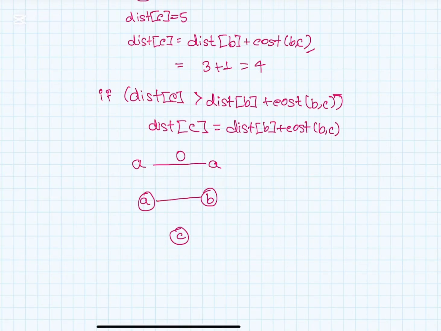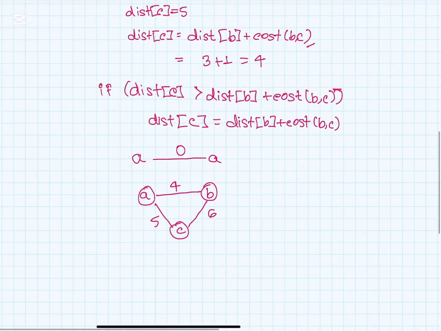After we establish any path, we can say that we have a distance which might be 4 or 5 or 6. But before we established any path, the distance was infinity.